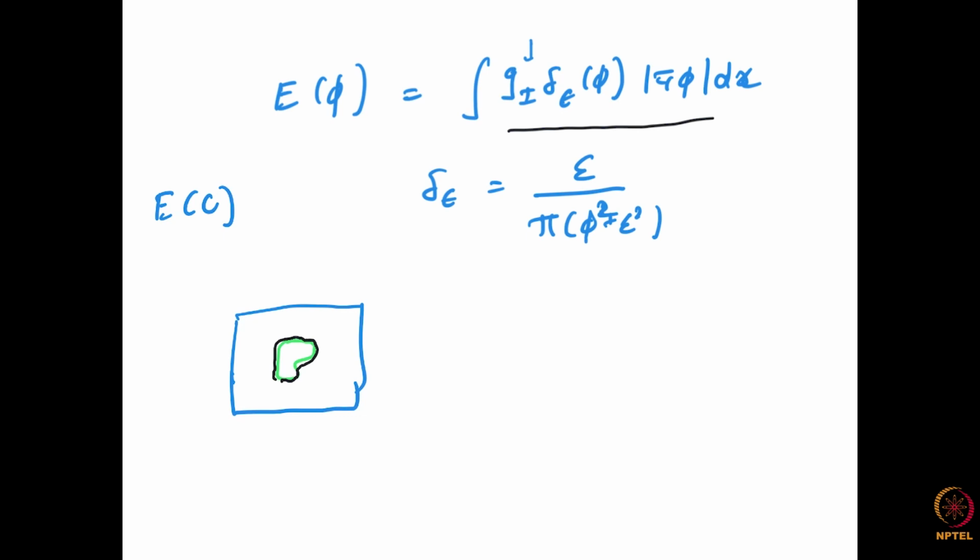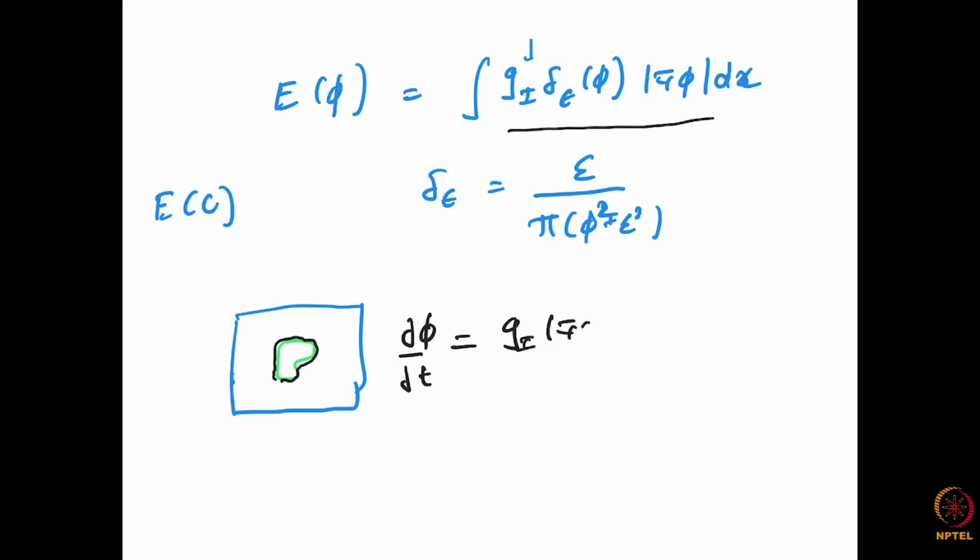Okay. So if you write down the Euler-Lagrange equations for this particular functional, then we can write in terms of the level set formulation, right? So we can write this as delta phi over delta t is equal to, that we saw this g I, right?